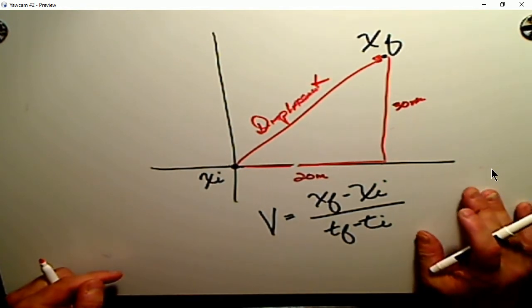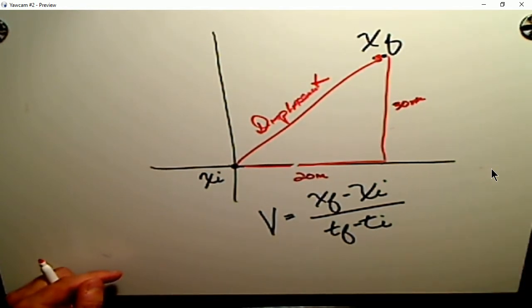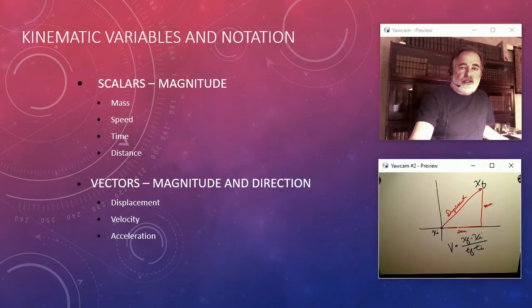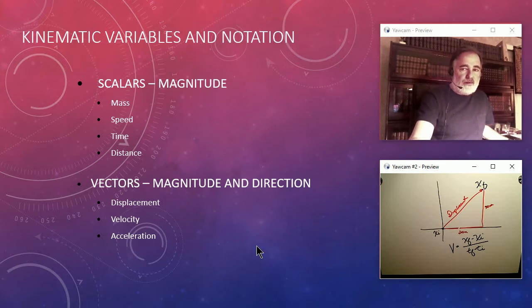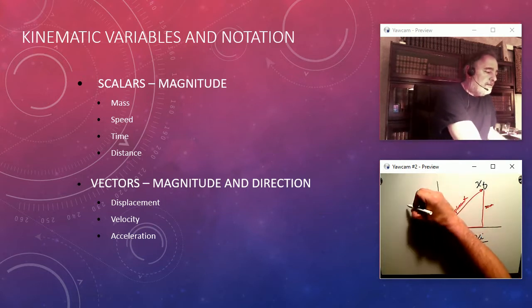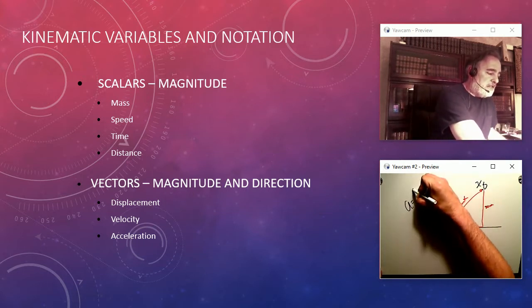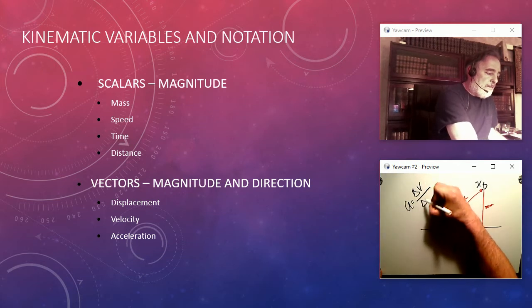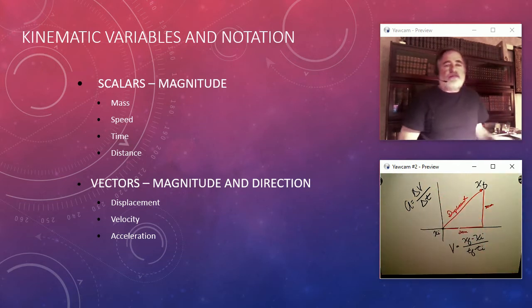Speed is a scalar, just talks about a magnitude, where velocity is a vector, magnitude and direction. Now we also have acceleration, which is a change in velocity for a particular period of time.